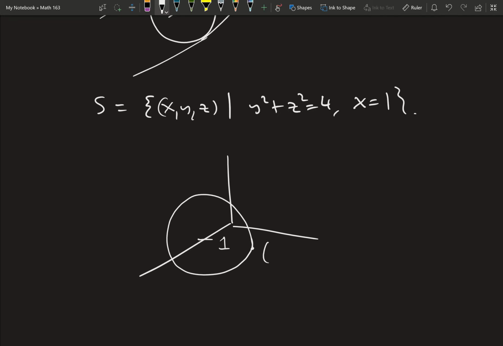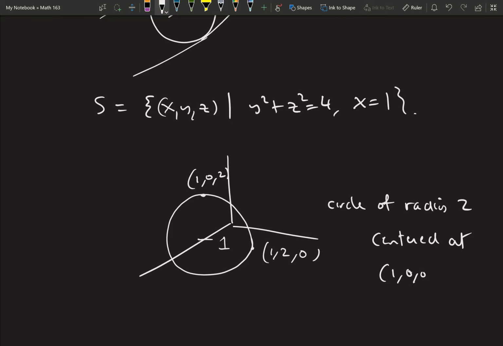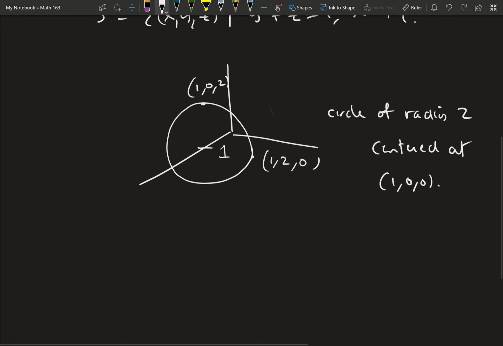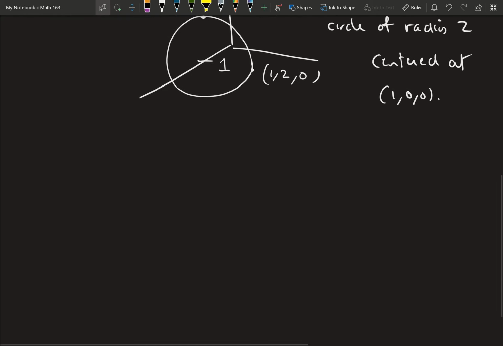So this point, for example, would be the point 1, 2, 0. We would have a point here, 1, 0, 2, and so on and so forth. So this is the circle of radius 2 centered at 1, 0, 0.